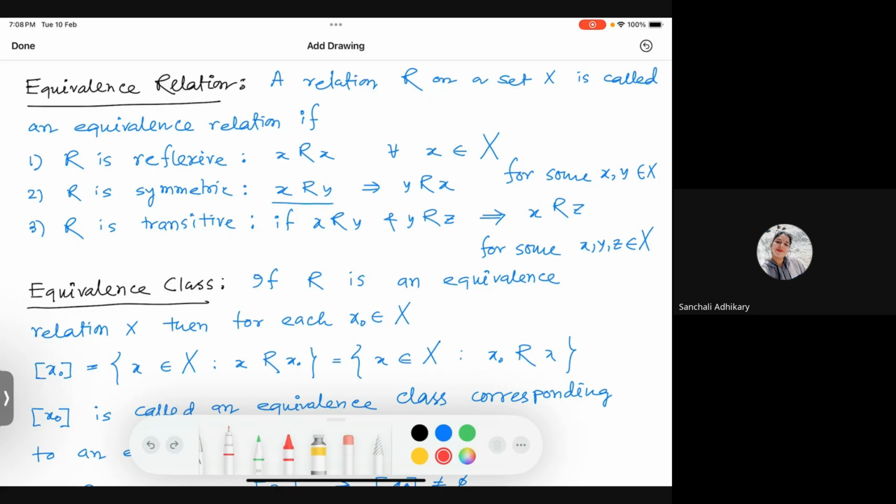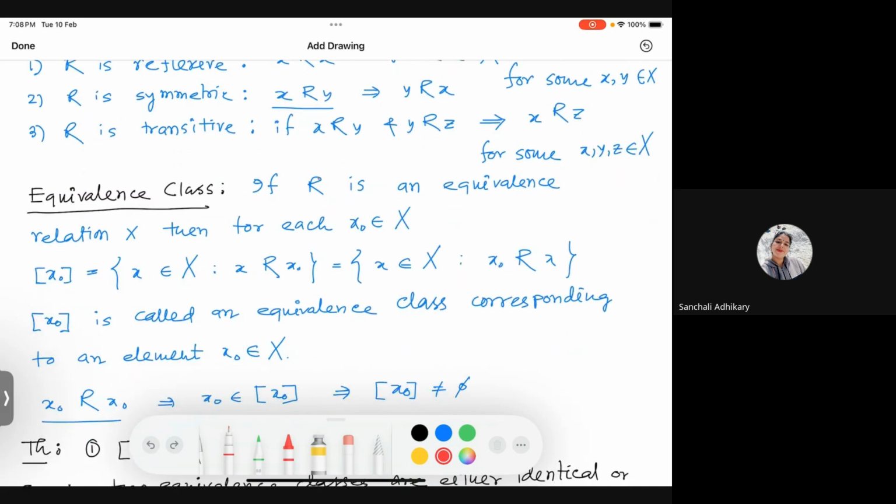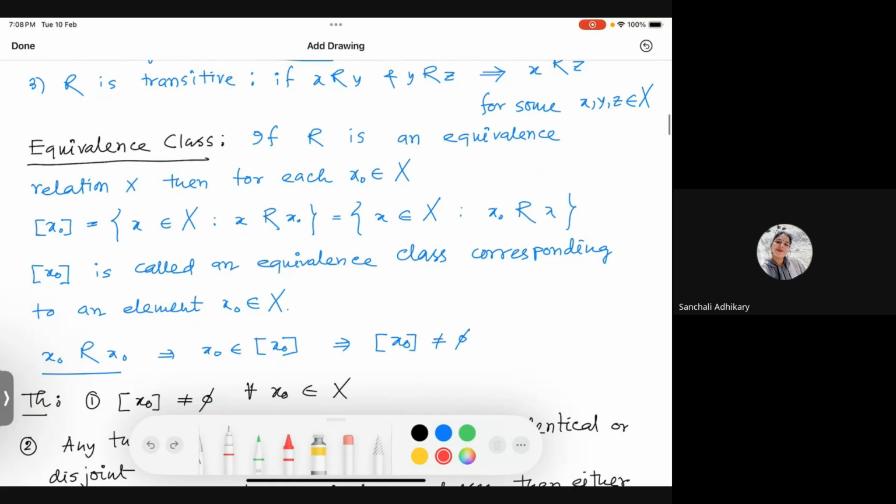Okay. So on a set, I have a relation R. This relation R is said to be an equivalence relation if it satisfies the following three properties. Now on a set X, I have an equivalence relation R. Now see, for each X naught belonging to X, I can define a subset of X. How? I write this subset in third brackets as [X naught]. So what is this set?